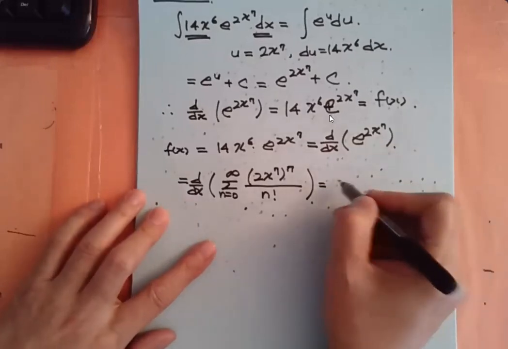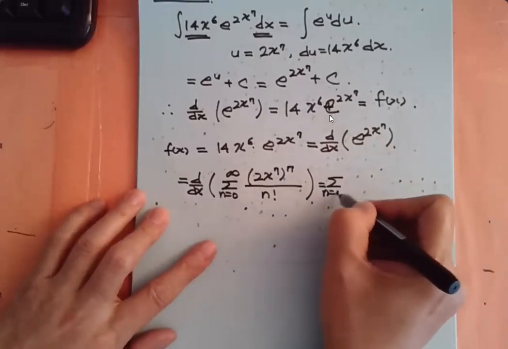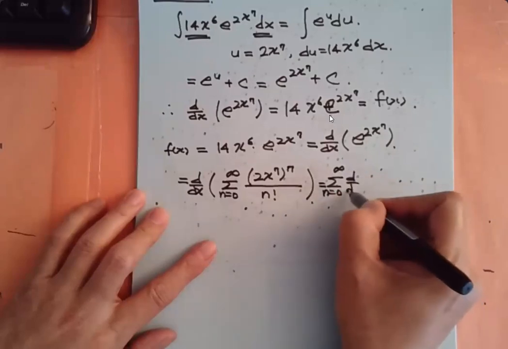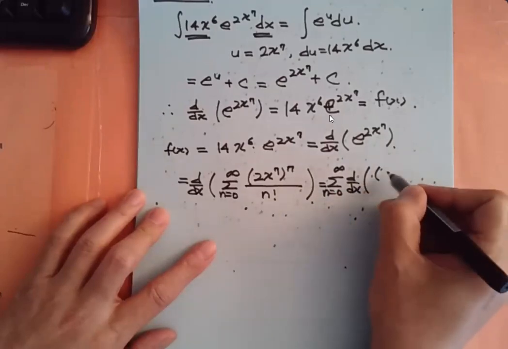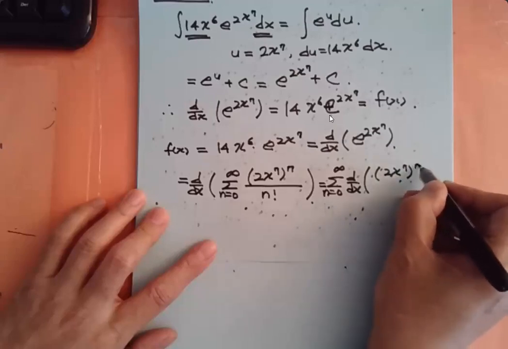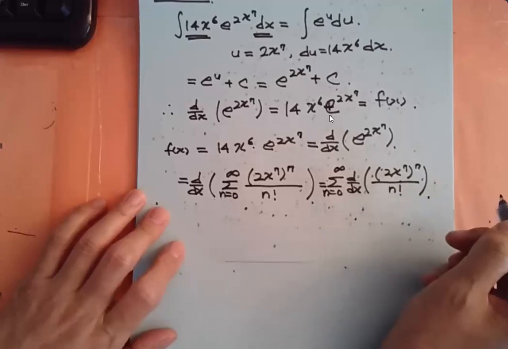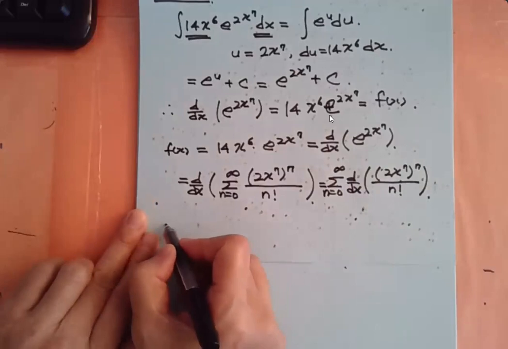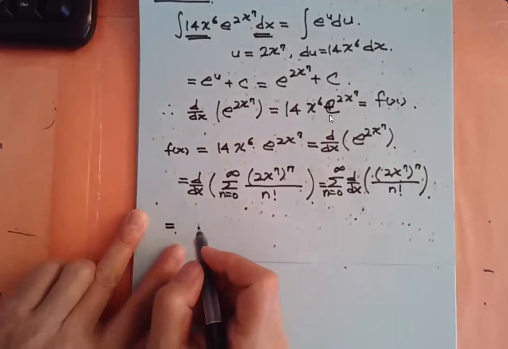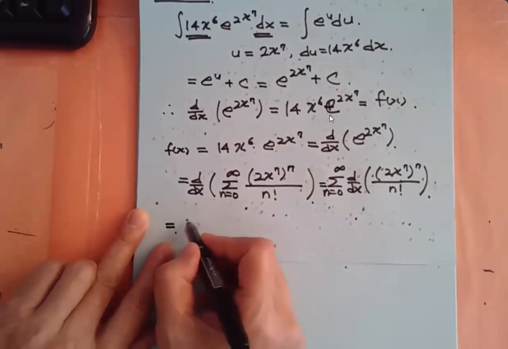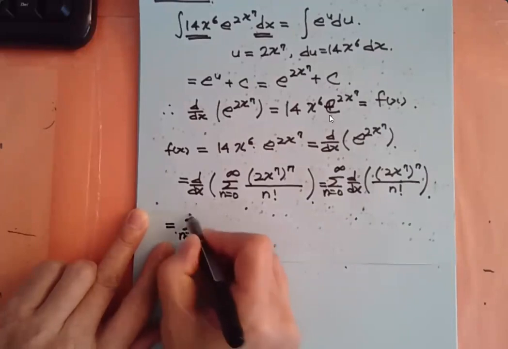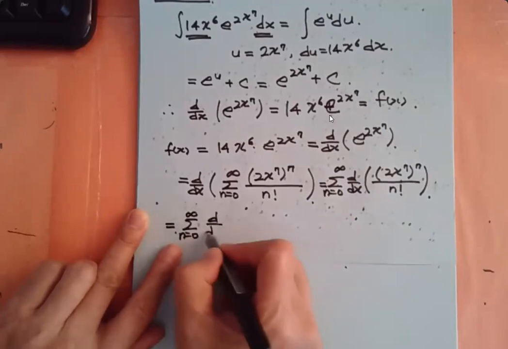So that is the summation n equals 0 to infinity of d/dx of (2x^7)^n over n factorial.